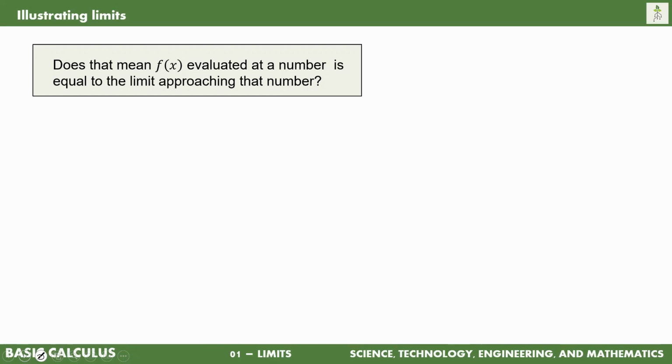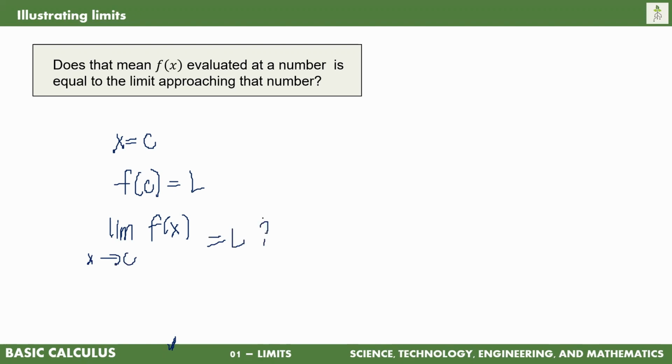So does that mean f of x evaluated at a number is equal to the limit approaching that number? So, ibig sabihin ba na, halimbawa, meron kang a number c, x is equal to c. So, when we say f of c, okay, let's say equal siya sa L. So, ibig sabihin ba na yung limit nung f of x as x approaches to c equal din sa L?